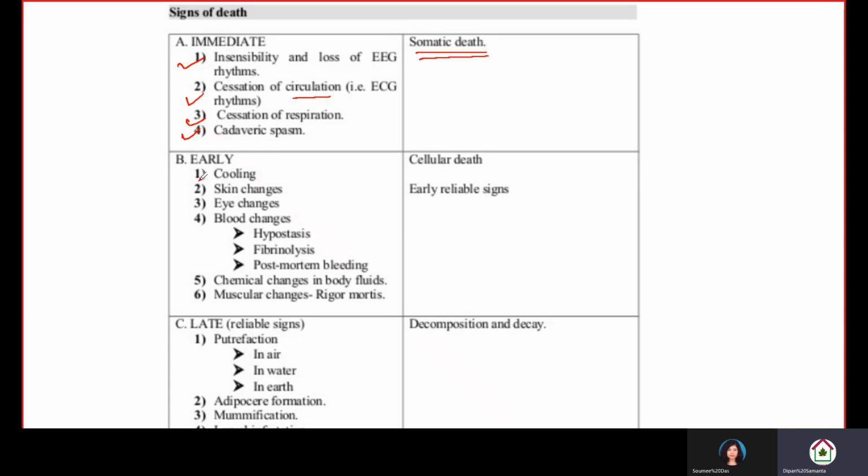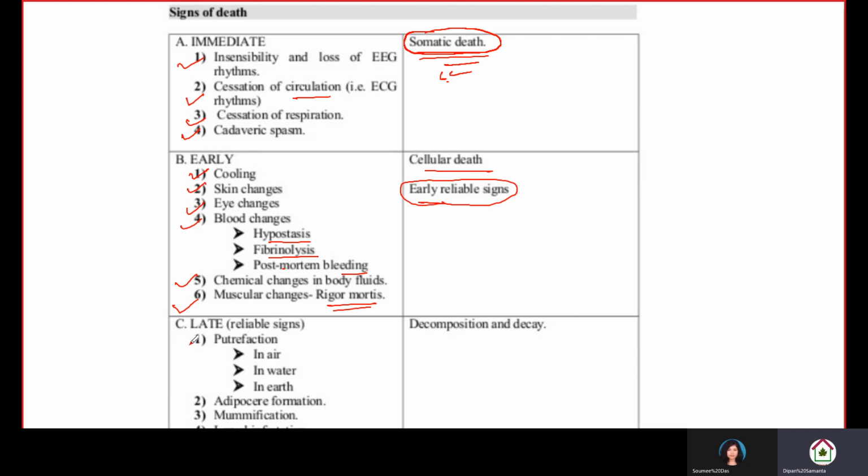And early changes after death are cooling, skin changes, eye changes, blood changes including hypostasis, fibrinolysis, postmortem bleeding, chemical changes in the body fluid, and muscular changes like rigor mortis. We call it cellular death. Early reliable sign: in this case, it's not reliable, it's just somatic death.